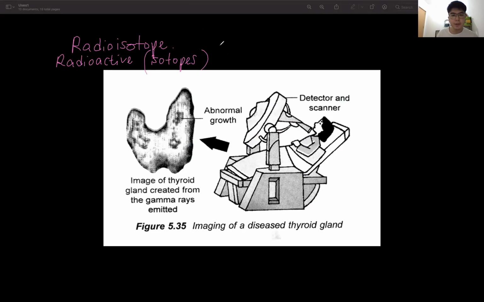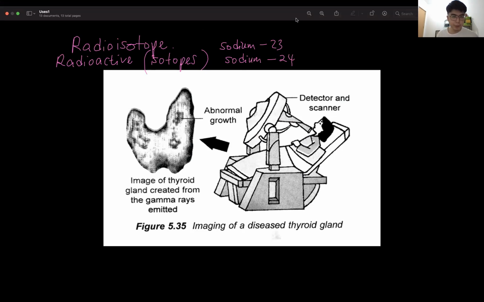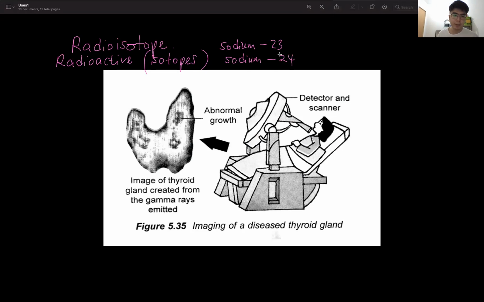Isotope is, for example, sodium. You have sodium 23, and then you have sodium 24. So these are isotopes of sodium: same protons, but different neutron numbers. Sodium 23 is stable and sodium 24 is unstable. So sodium 24 is a radioactive isotope, and we shorten it to radioisotope.